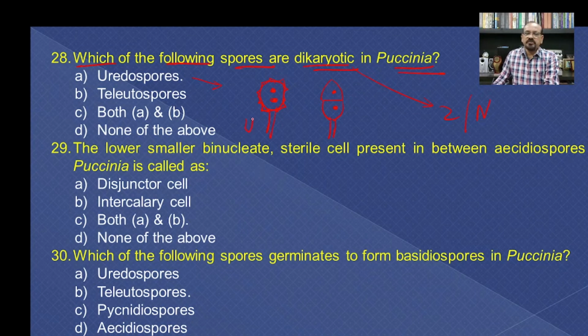So this is the uredospore and this is the teleutospore. The dikaryotic condition is present in the uredospore, and hence A will be the correct answer for this question.